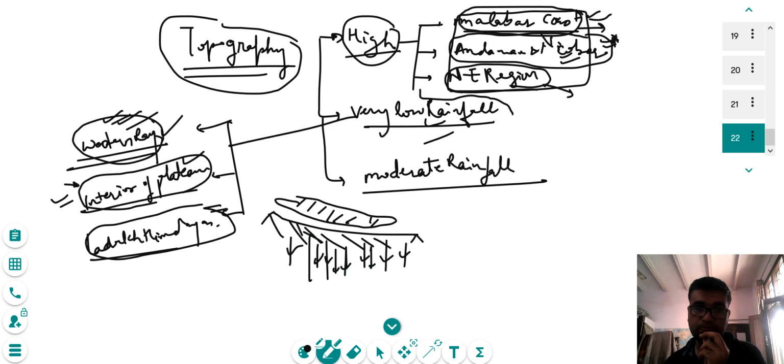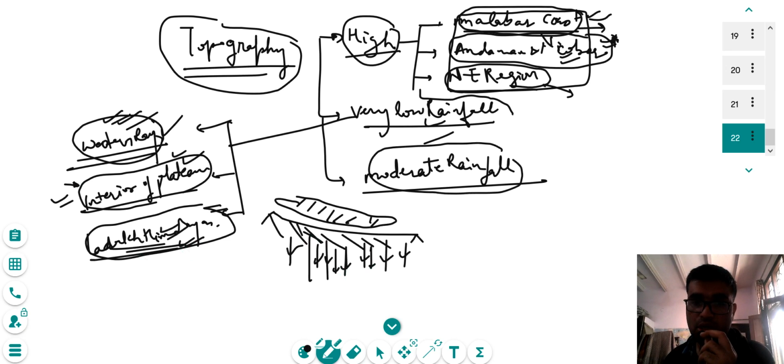So the interior Ladakh Himalayas witness very low rainfall, and the other regions of India witness moderate rainfall. If we know these three regions, the high, low, and moderate rainfall regions, then we can very easily distinguish between the variety of vegetation found across India.